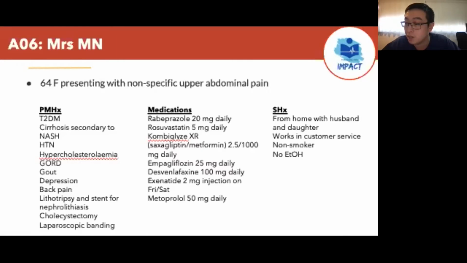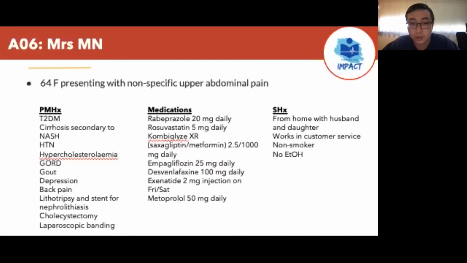Thinking upper GI, stomach, liver, duodenum, lower esophagus, fantastic. Variceal bleeding, yep. Pancreas, fantastic. Psych-related if non-specific, yep. Probably a diagnosis of exclusion. Any potential, yep, small bowel obstruction, fantastic.